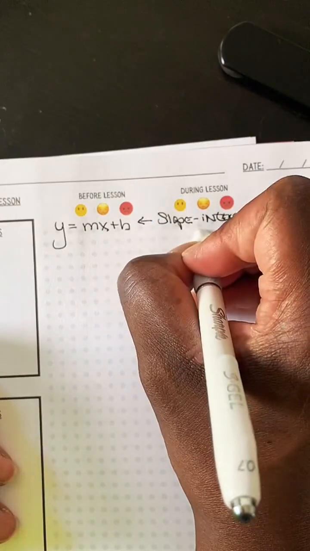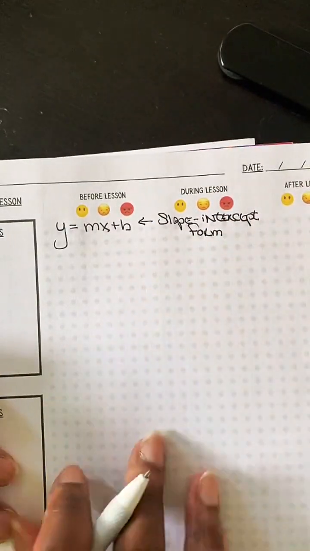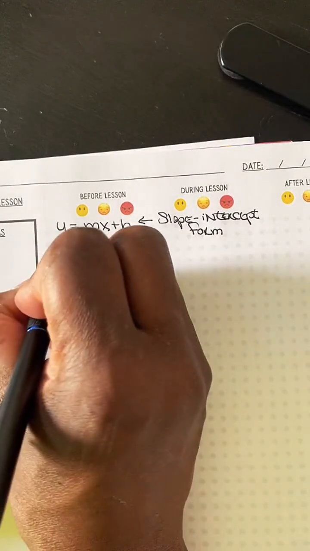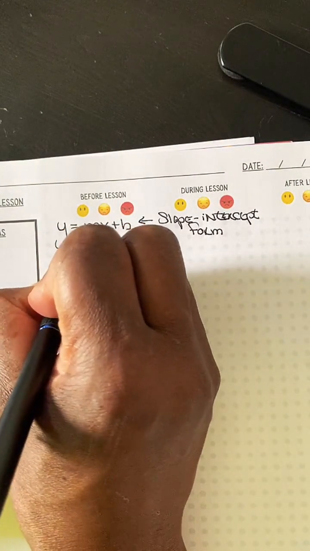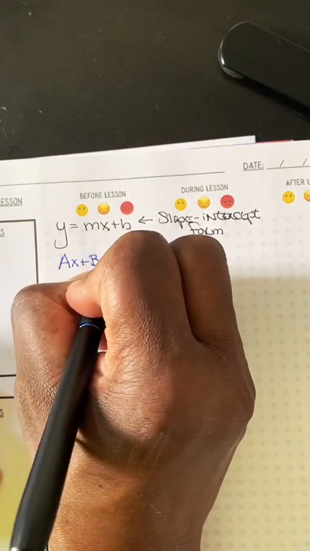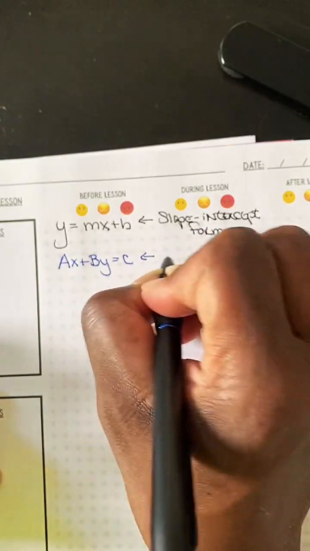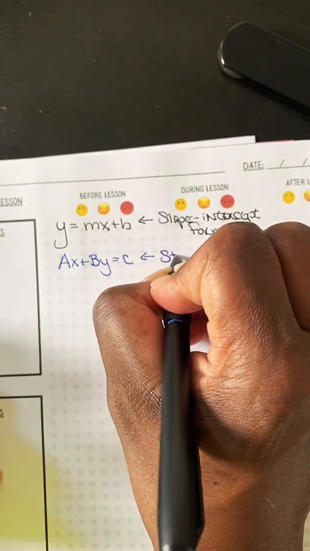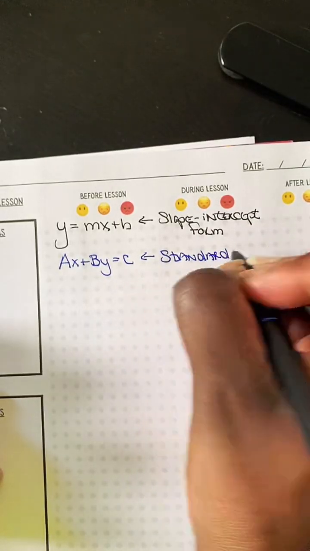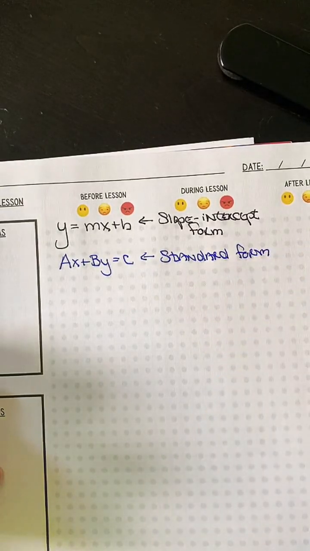Okay, so we got a slope-intercept form. The other one to keep in mind is your AX plus BY equals C. So this is your standard form. Because sometimes we have to go from one form to the next.